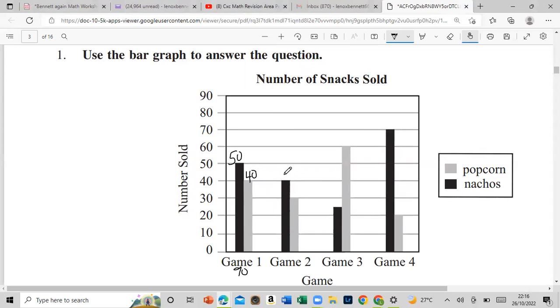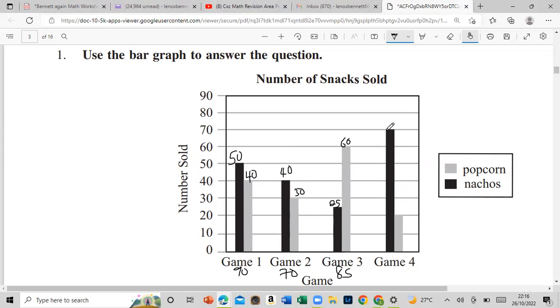Let's look at game 2. We have 40 here and 30. I think it's game 2 now. So this is 70, 30 plus 40. Let's look at this one. So this is past 20, midway, so that's 25, and this is 60. Alright, so that is already 85. So far, game 2 is the least. Let's look at this one now.